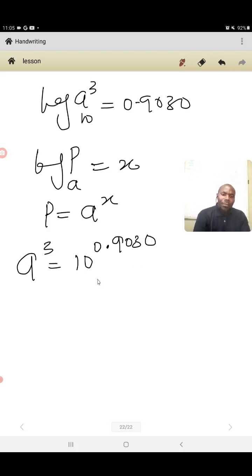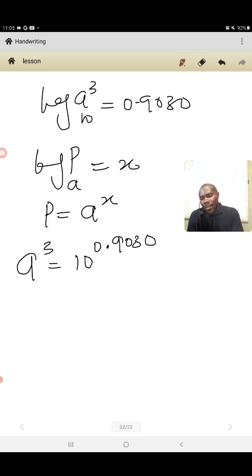So for getting this value, the first thing you do is you find the value of 10 raised to power 0.9030. There are many methods.